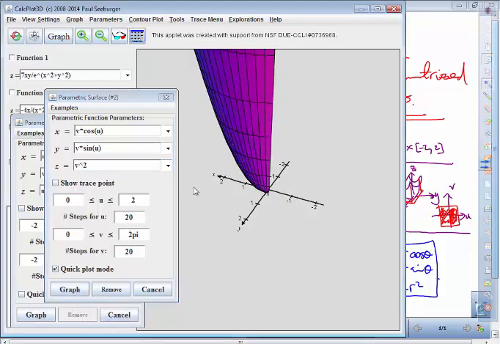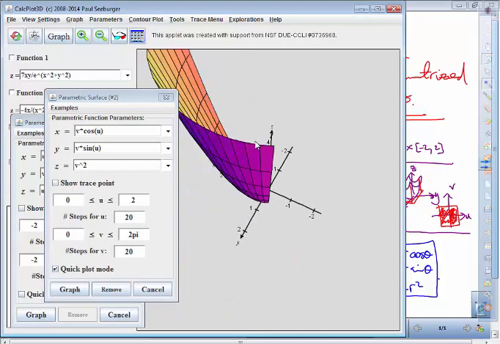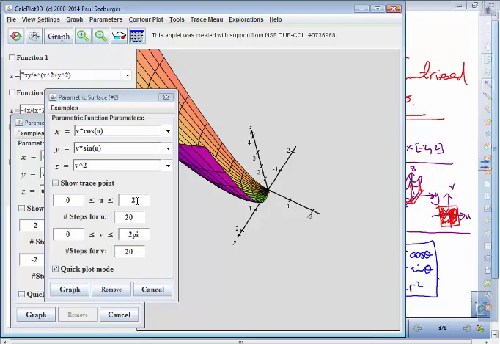If I kept it the same, my u only went from 0 to 2, and my v went from 0 to 2 pi. So it's taller, and then my angle only went from 0 to 2, which is less than 6.28, or whatever 2 pi is equal to.